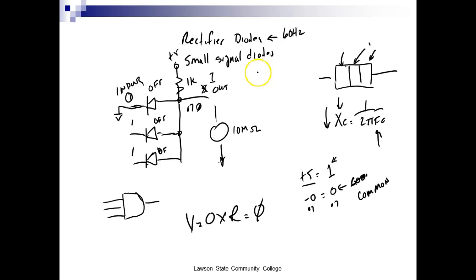We have what we call an AND, an OR, a NOT. We can't do a NOT with this, by the way. We have what we call a NAND, and then we have what we call a NOR. What we can do with this circuit right here, we can do both those right there. So we can do logic with diodes. But we're not rectifying, we're doing logic, right? And so these would be the primary use for small signal diodes.